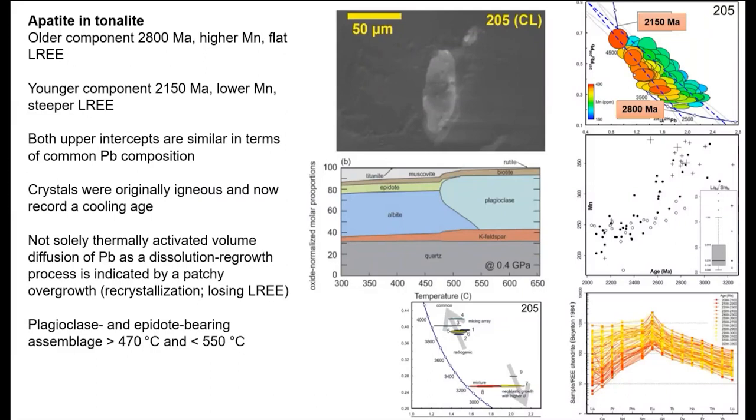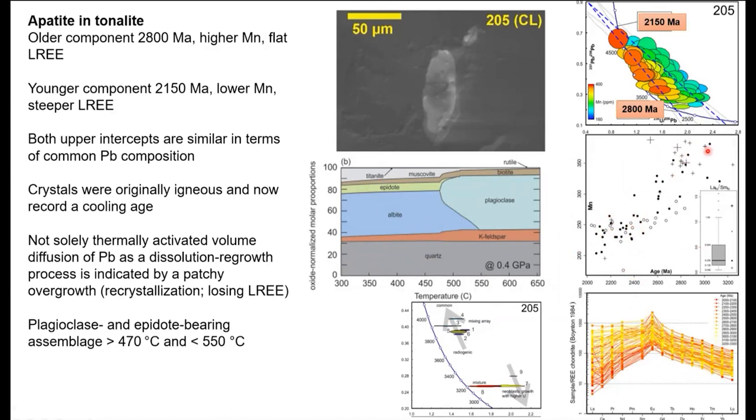The rims of the apatite have lower magnesium, but they also have a lower light rare earth slope.